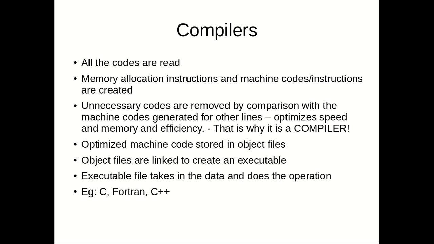Based on all the values, some unnecessary codes are chopped off, and only the most essential and fundamental codes are retained. As a consequence, this code will be properly optimized. Memory wise it will be efficient, and it also works faster.